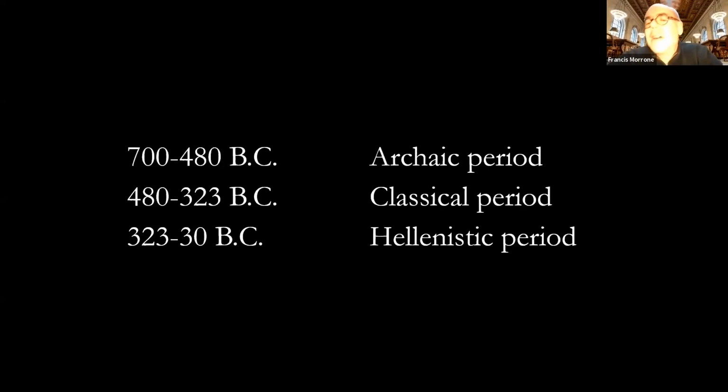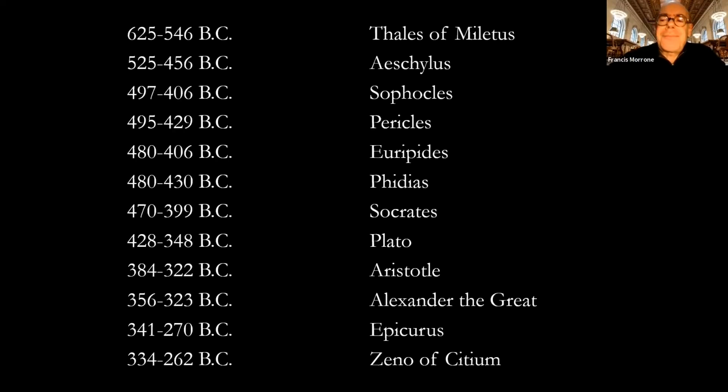And of course, all the architecture of the classical period is classical, and then the period that follows upon that, the Hellenistic period, is also classical. But historians and archaeologists do divide Greek history into these periods.